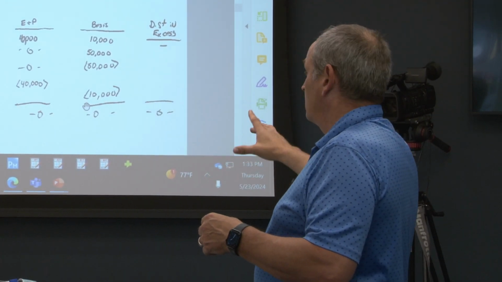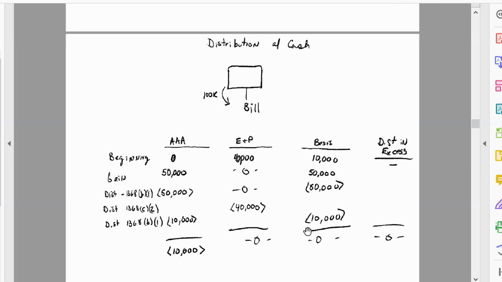But now, when we have that distribution, all these other levers or switches turn on, because that distribution affects AAA. It affects basis. It affects lots of things. Then you have to recalibrate or reset those amounts based on the transaction that just occurred in order to diagnose the tax impact of the distribution.